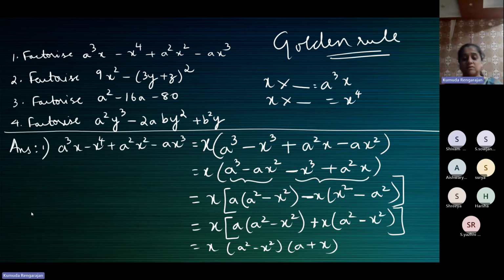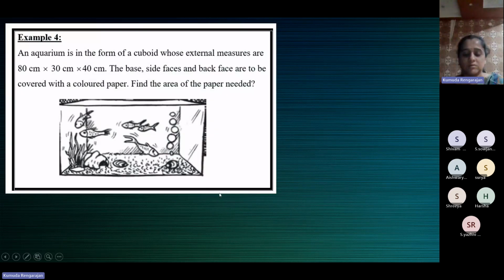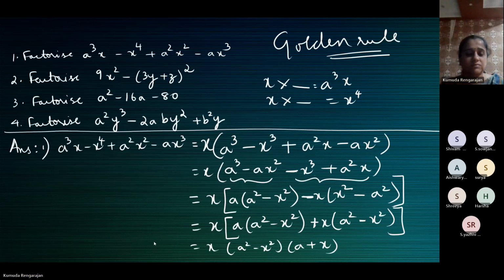Now it doesn't end here, because a square minus x square is of the form difference of two squares. A square minus b square is a plus b into a minus b.